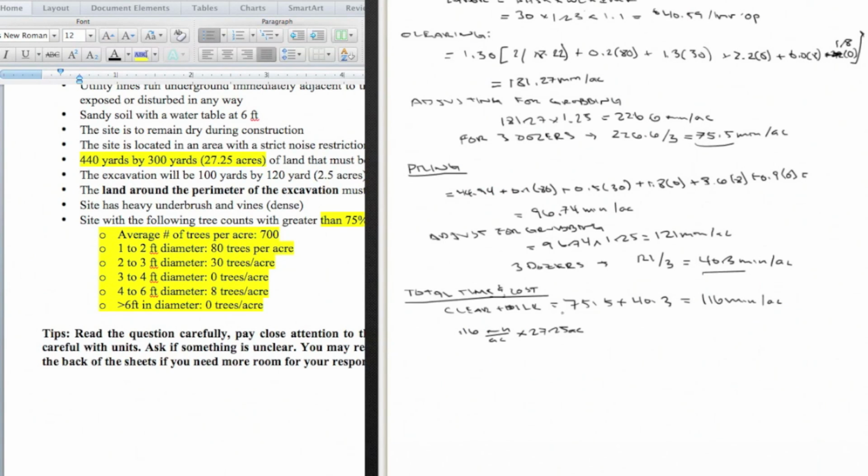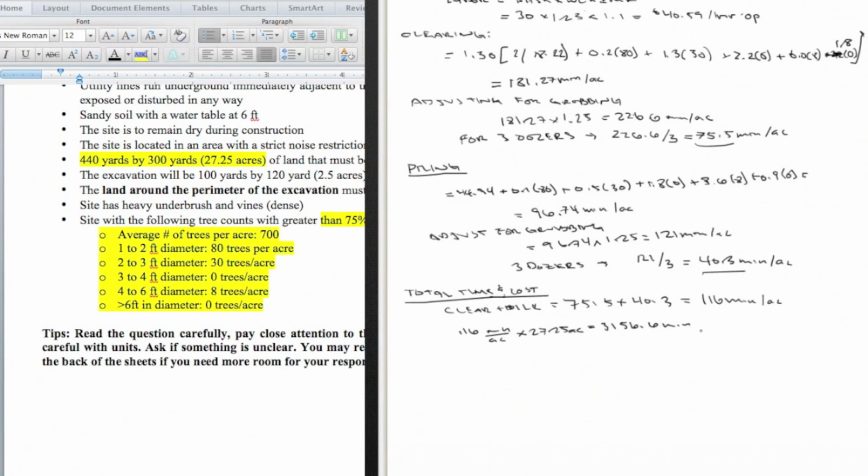The acres cancel out, and we're left with 3156.6 minutes. The cost is in hours per operator, so we need to get this into hours.